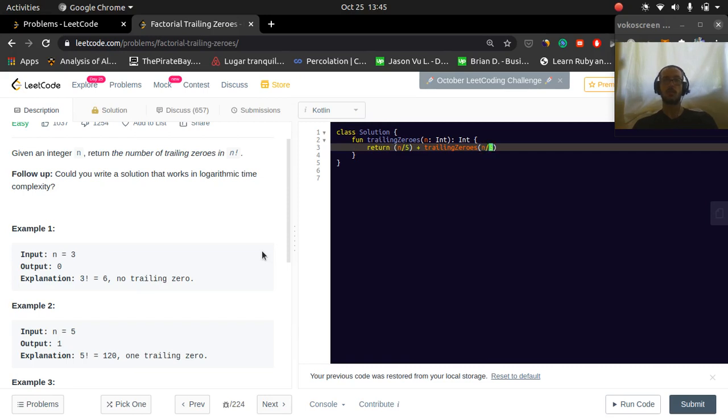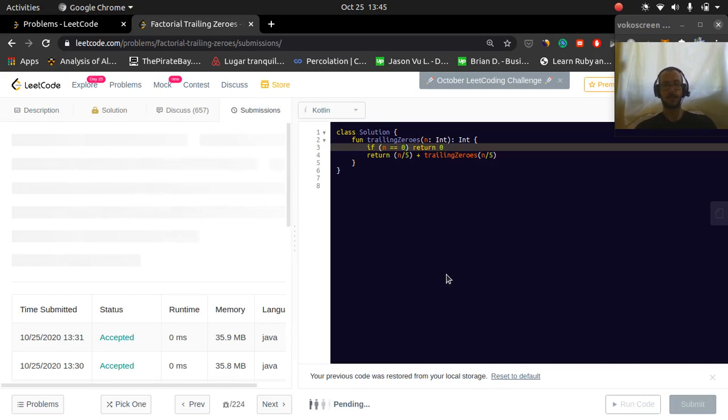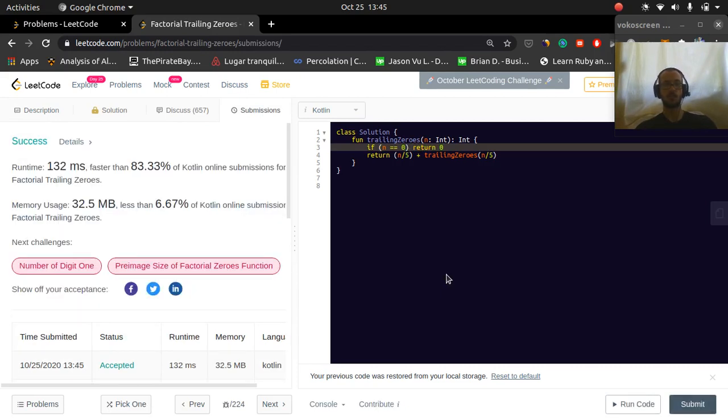And what happens if n equals 0? If n equals 0, return 0. Okay, let's try that. So that's the recursive solution.